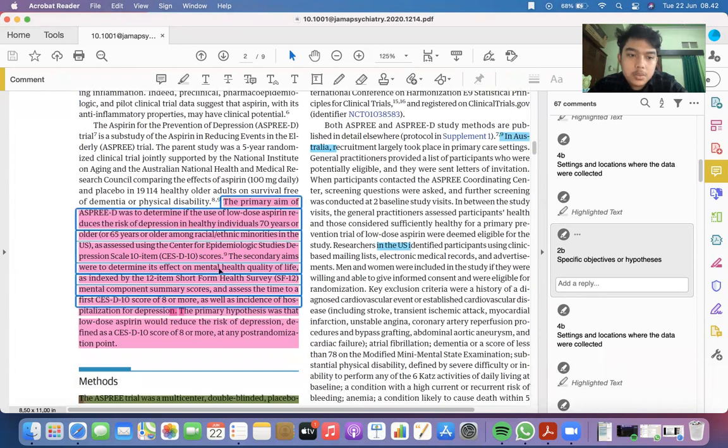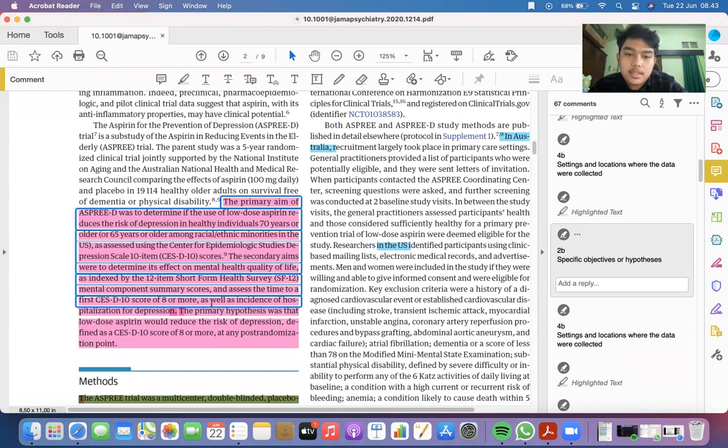The secondary aims were to determine its effect on mental health quality of life, as indexed by the 12-item Short Form Health Survey, or SF-12, mental component summary scores, and to assess the time to first CESD-10 score of 8 or more, as well as incidence of hospitalization for depression.